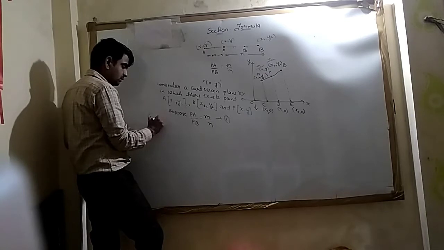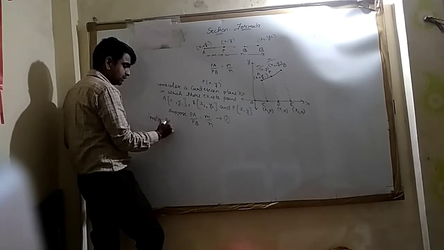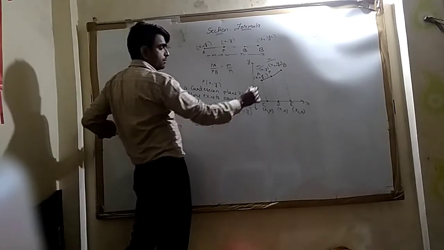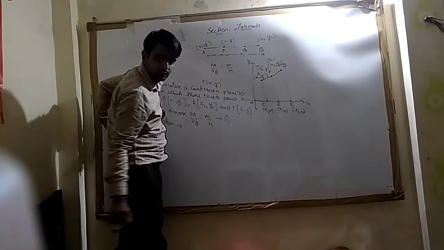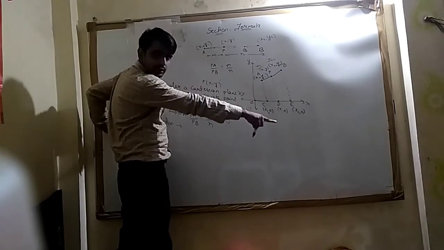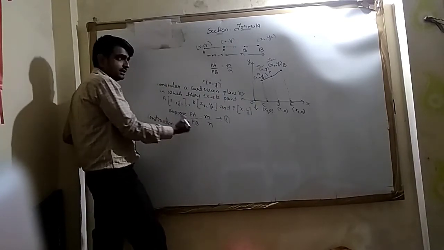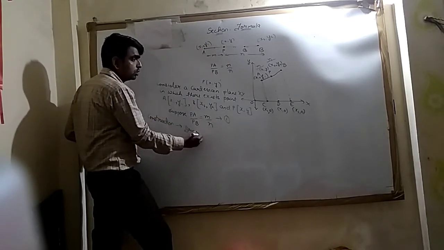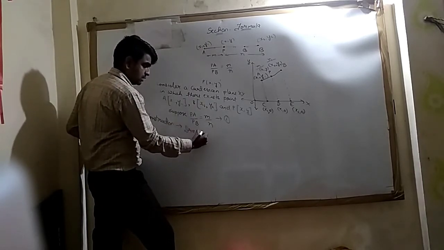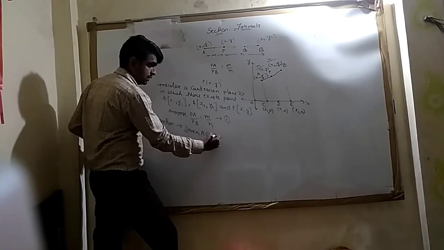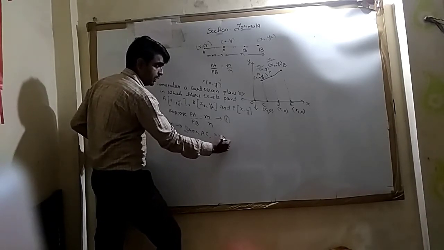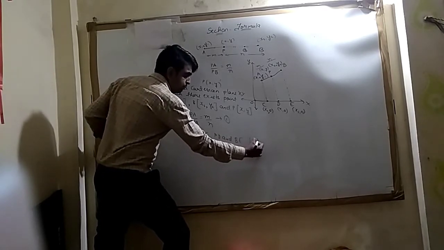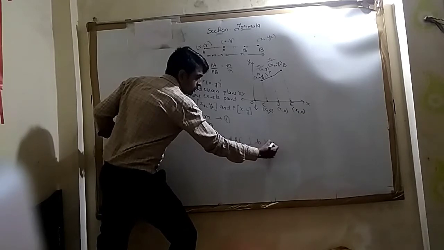we did some constructions. What are they? We have drawn perpendiculars from those points on the x-axis. So inside the construction we can write: draw AC, PD and BE perpendicular to the x-axis.